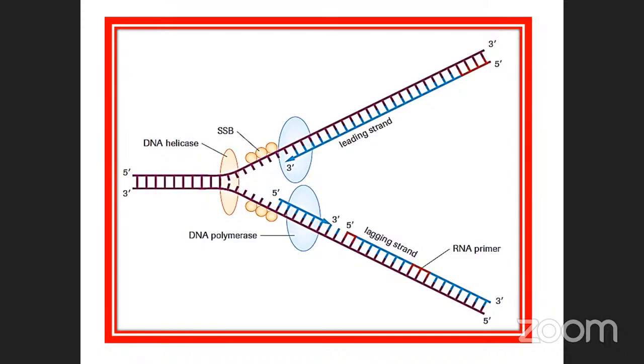Finally, what happened now? It will be completed, started from here to here, and it also started from here to here. See that this strand is the mother strand. This is the newly formed one. Likewise, on the opposite side, this is also a newly formed strand. This one is the mother strand. This one is complementary to the newly formed strand.